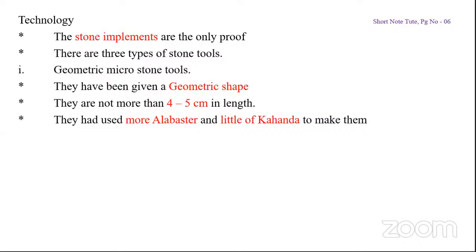That's why they were using alabaster and Kantha. So this is one type of stone tools, geometric micro. Then they have even used non-geometric micro tools also, for hunting, chopping, digging, and scratching.